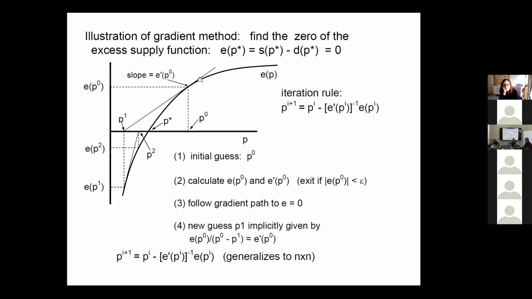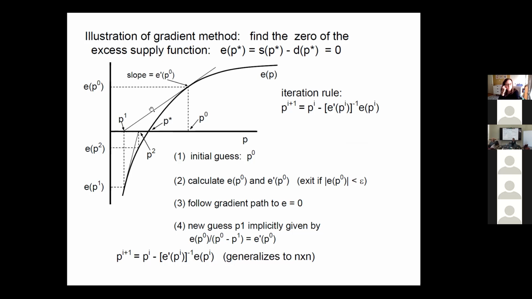You're going to follow that tangent line down to a new value of P, which is here, at that intersection. And then you repeat the process. Your second guess becomes your next value. You compute E of P and the slope, and you keep doing this.